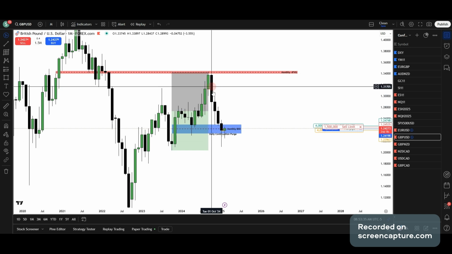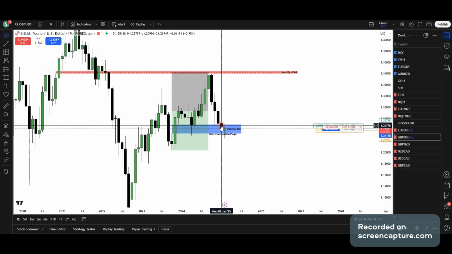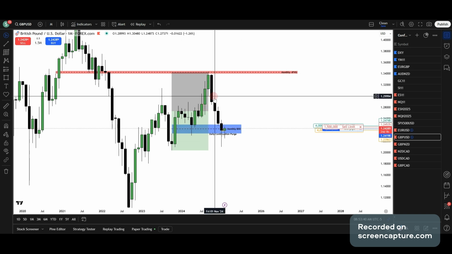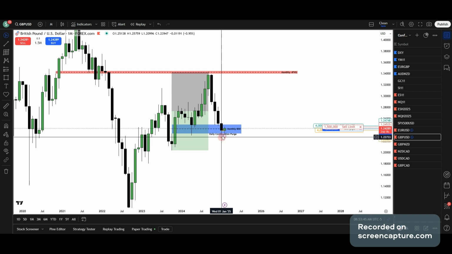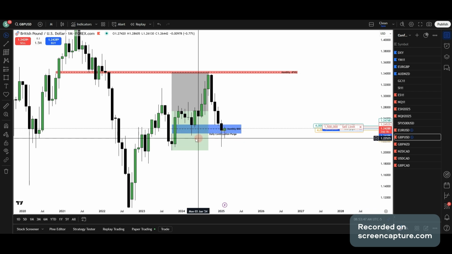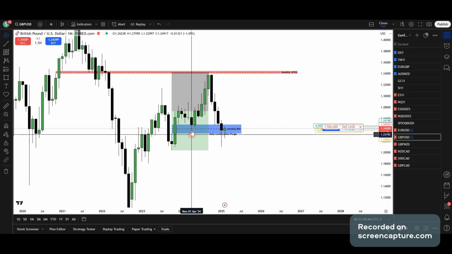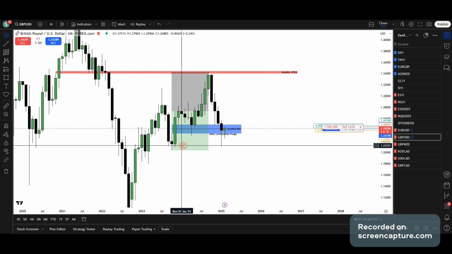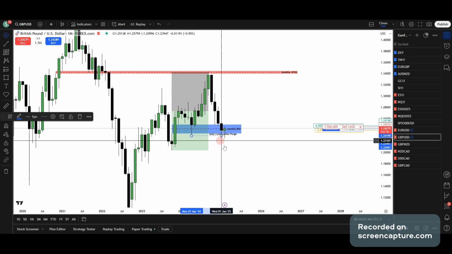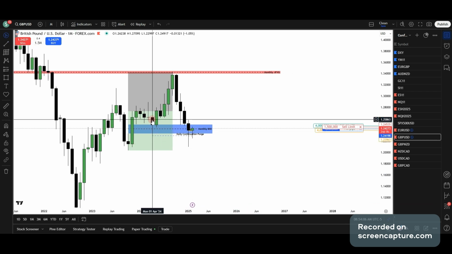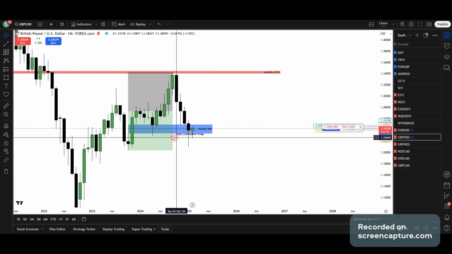Now in January, we had price really dig down deeper into that monthly BISI. It priced outside of it, and then it wicked and closed within it. And it took out this short-term low right here that made that initial move into this monthly BISI. So what we have right here is a stop hunt.